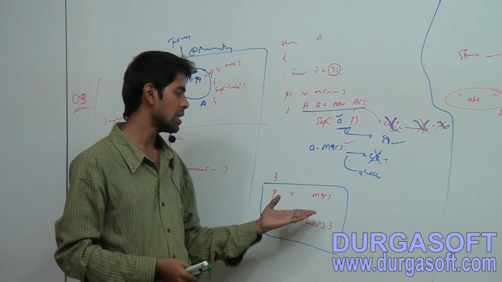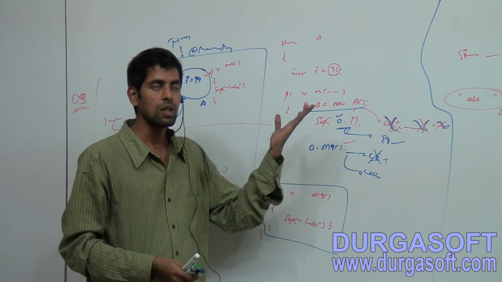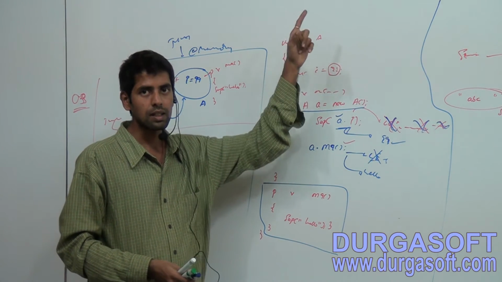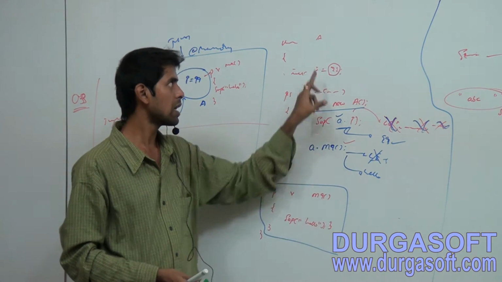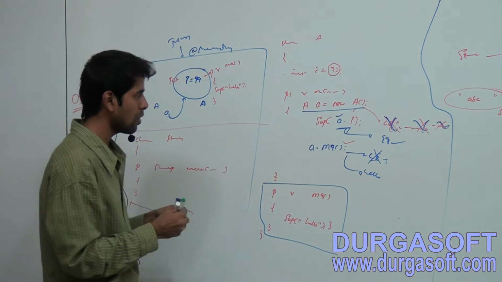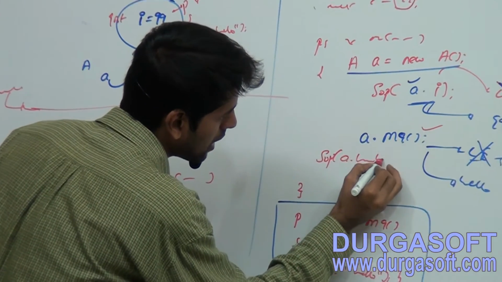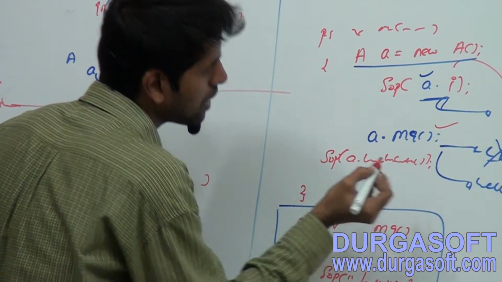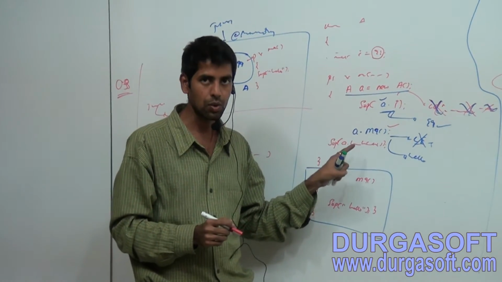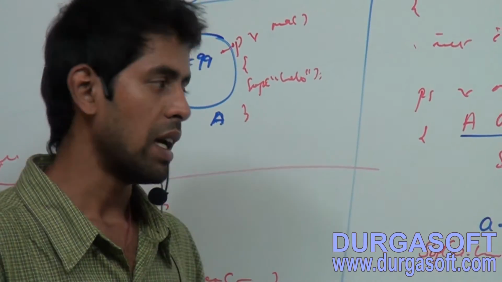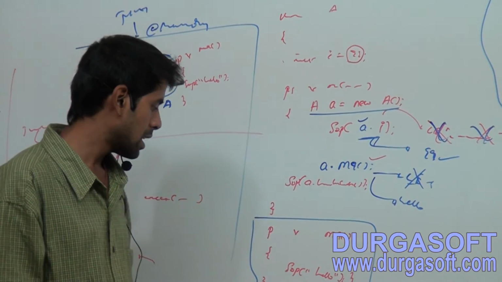Not only this instance method, all the Object class instance methods also will be available to this class. You can call like this: SOP of a dot hashCode, where the hashCode method is available. Did I write the hashCode method within this class anywhere?